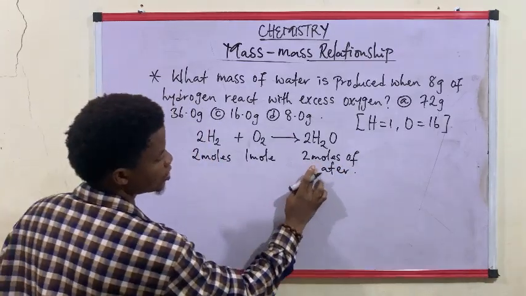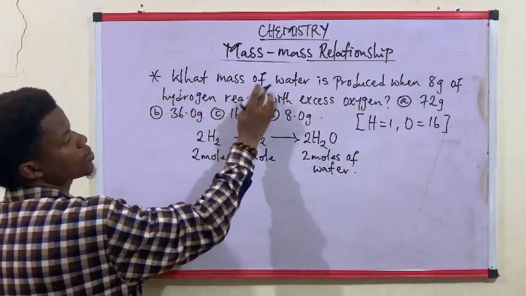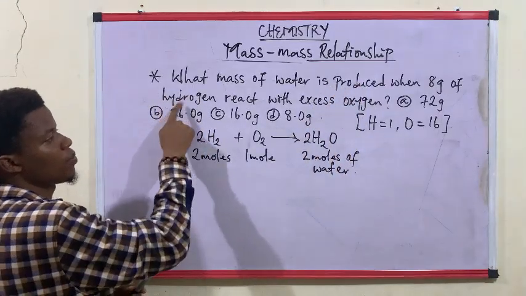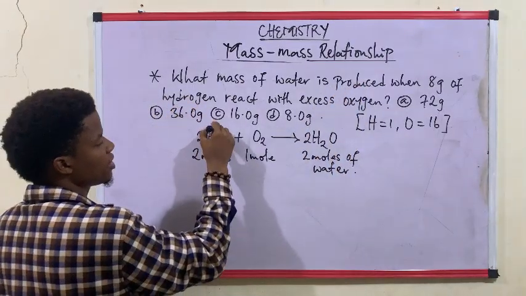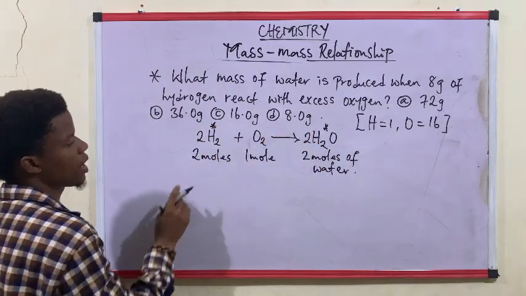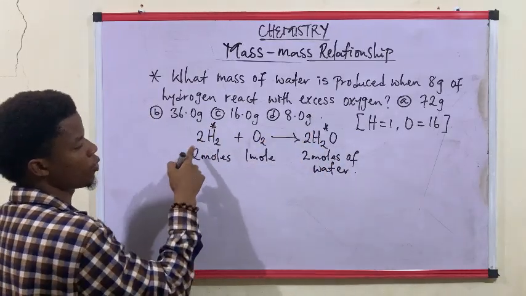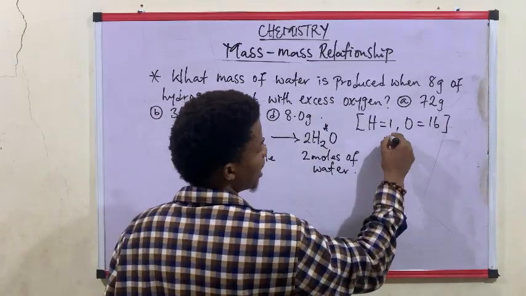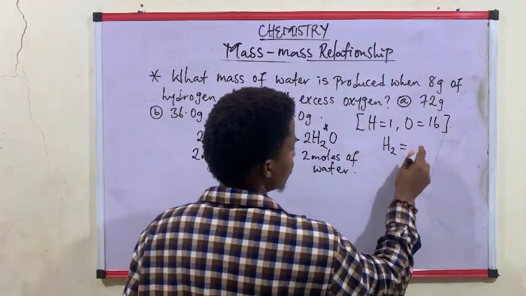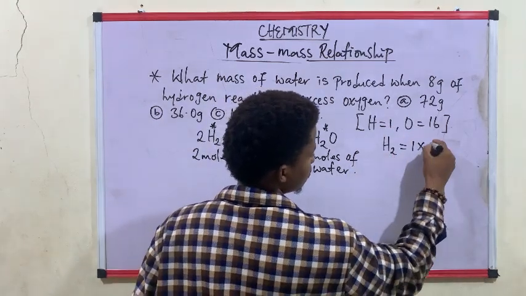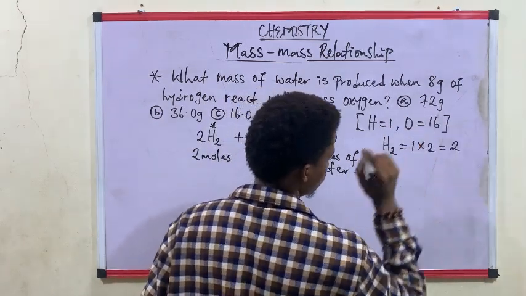But the question says, what mass of water is produced? So what is the mass of water produced when 8 gram of hydrogen? So we are relating hydrogen and water by mass. Now, what is the mass of 2 moles of hydrogen? First of all, the molar mass of hydrogen. Hydrogen is a diatomic molecule, H2. So the molar mass becomes 1 times 2, which is equal to 2.